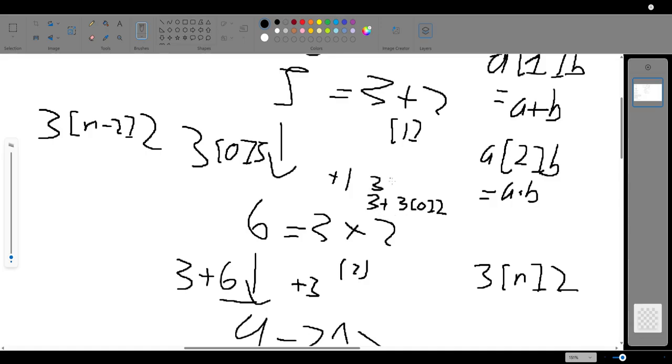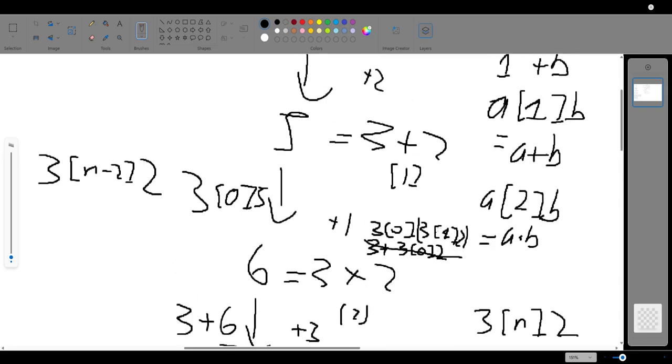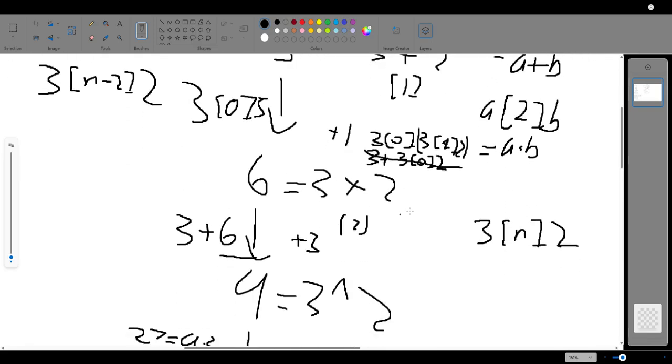Or it might be 3, 0, 3, 1, 2. Yeah, okay, that's better. So that's 3, 0, 3, 1, 2.